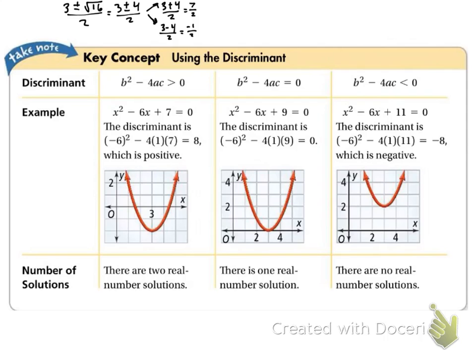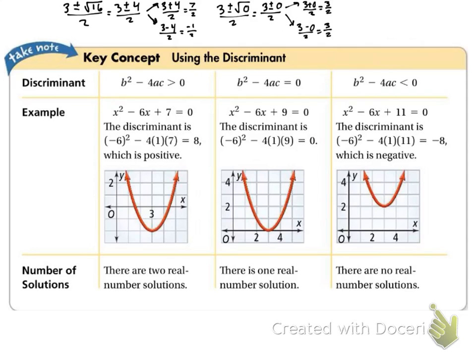If the stuff under the square root is 0, so let's say we've got 3 plus or minus the square root of 0 over 2. What's the square root of 0? That's just 0 over 2. If I make my two equations, 3 plus 0 over 2 and 3 minus 0 over 2, 3 plus 0 is just 3, so this is 3 over 2. 3 minus 0 is just 3, so this is 3 over 2.